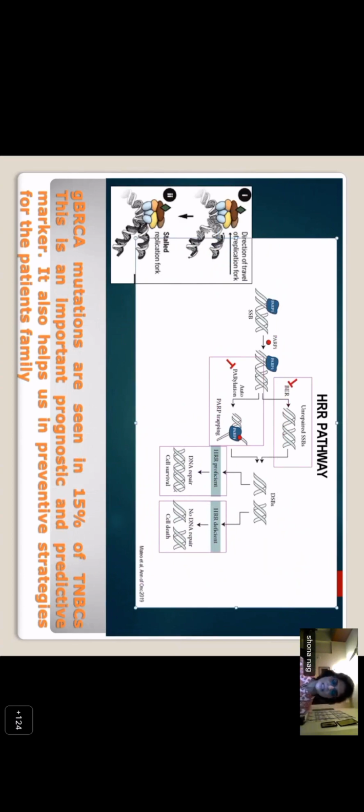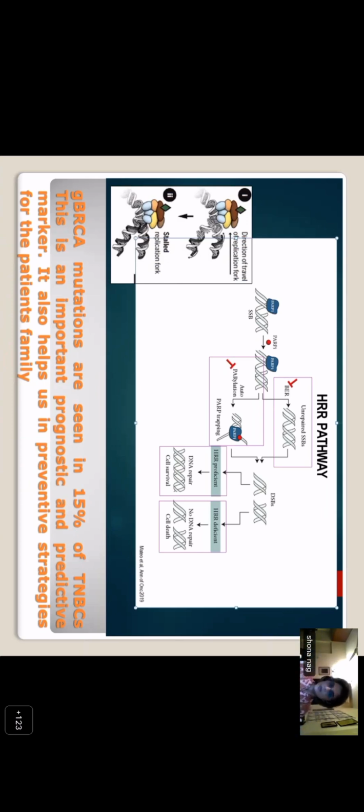And the last marker that I'd like to spend a little time on is BRCA. BRCA is coming up in a big way, not only for the family, not only for familial risk, genetic risk, but also from the therapeutic standpoint. So we have a PARP enzyme, which is responsible for base excision repair.